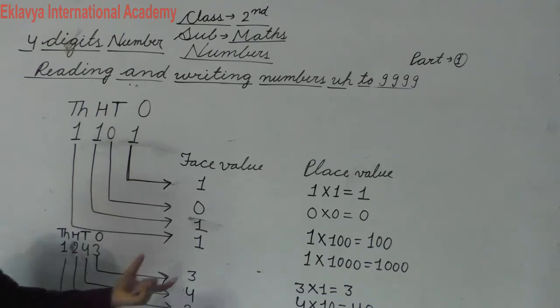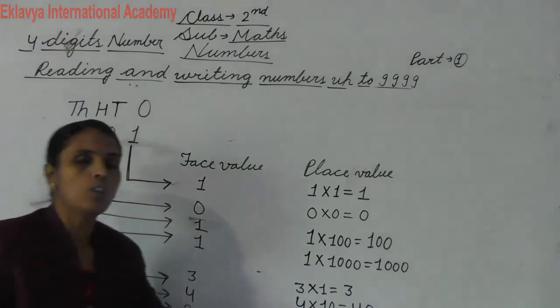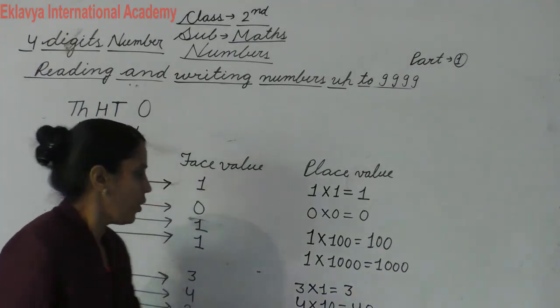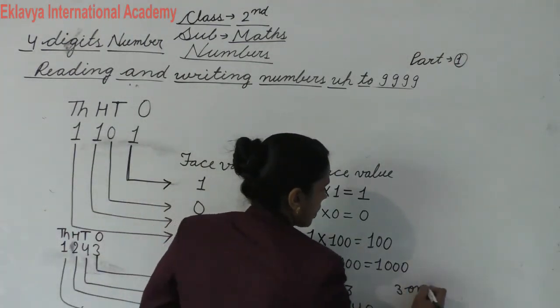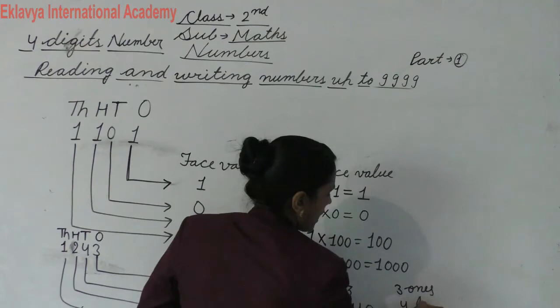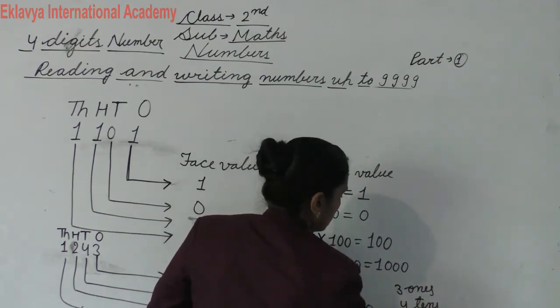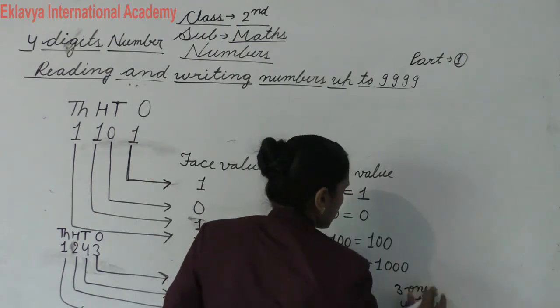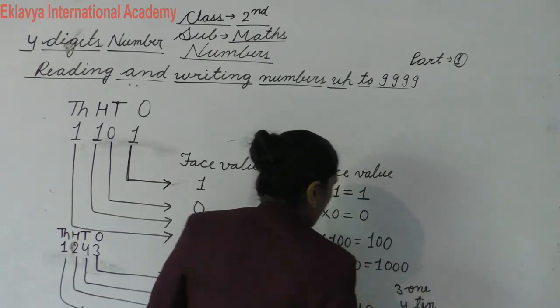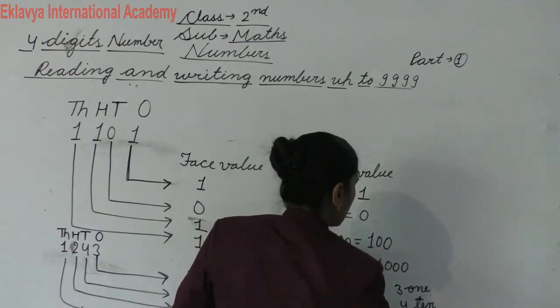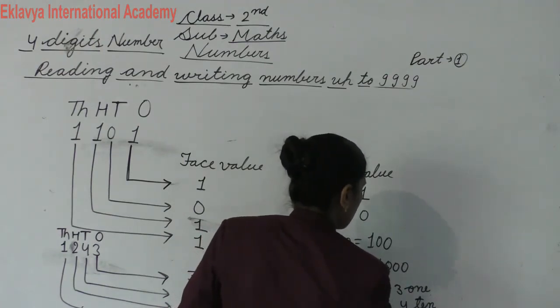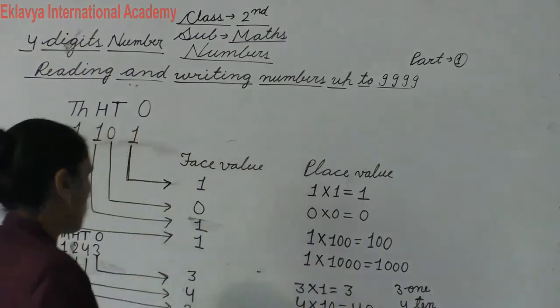Okay, that is your face value and this is your place value. Clear? You can write place value that type and you can write that type also. 3 ones, 4 tens, 5 hundreds and 1 thousand. You can write that type also.